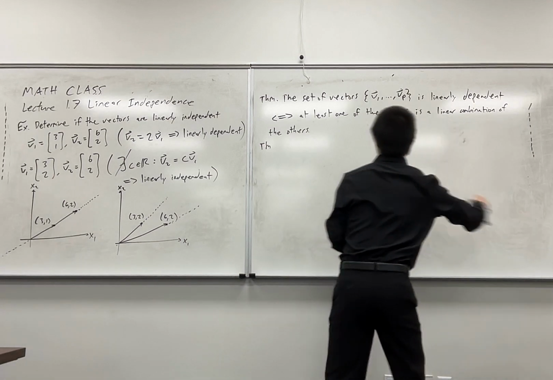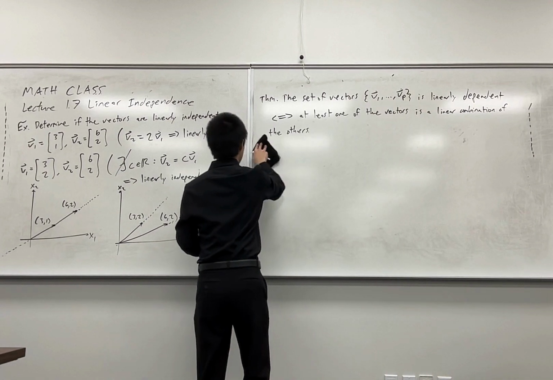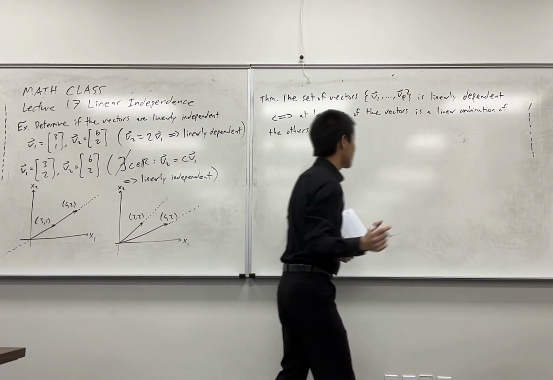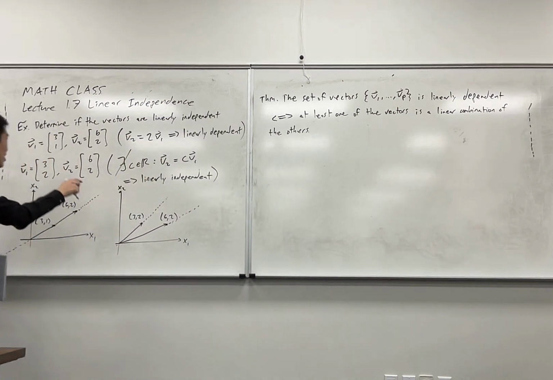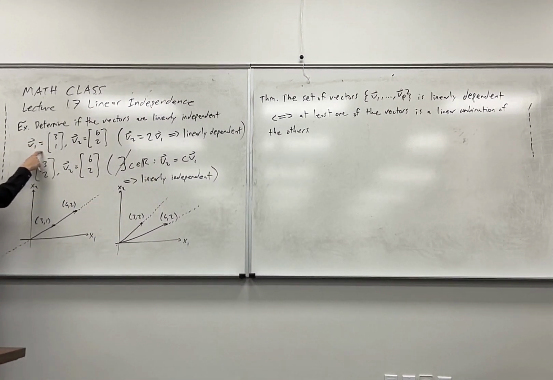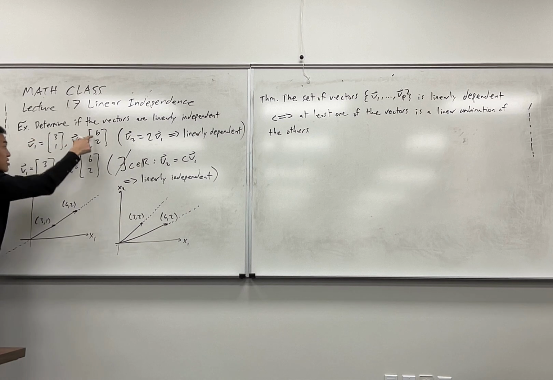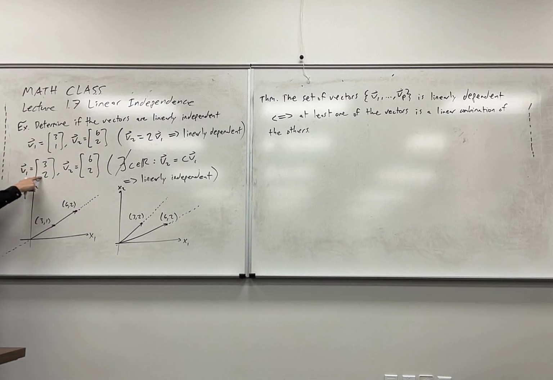And then it really says, if you're comparing more than just two vectors, it's still okay. Suppose I expanded my set of vectors to include this (3, 2). So I have (3, 1), (6, 2), and (3, 2). They're still going to be considered linearly dependent. Why?